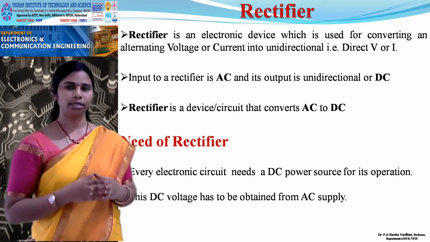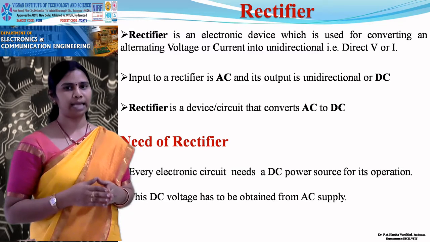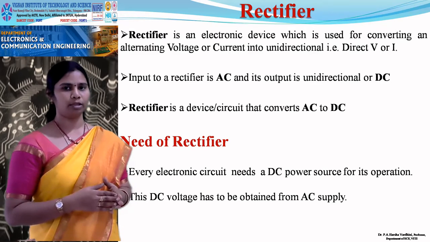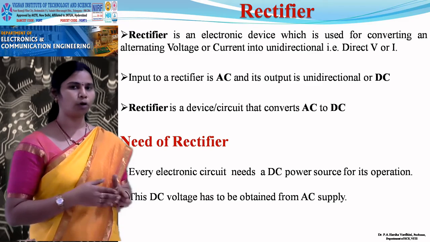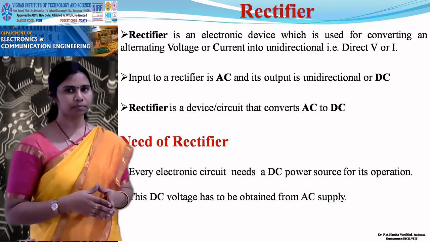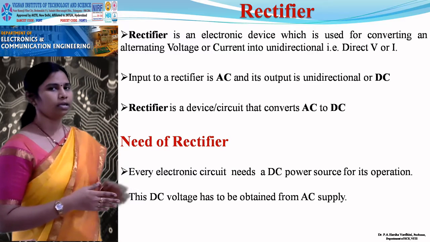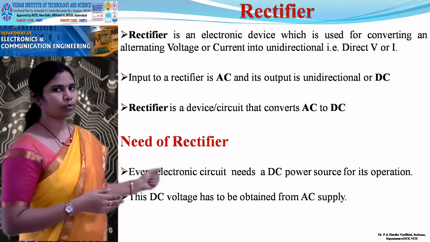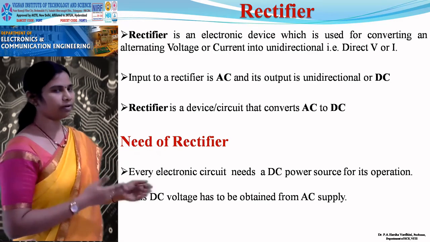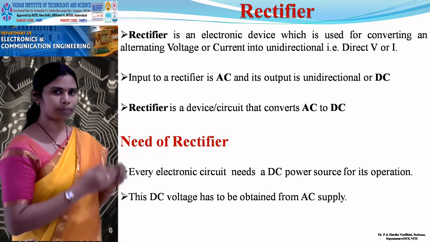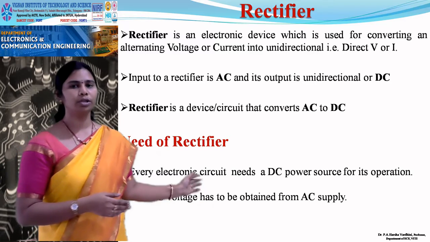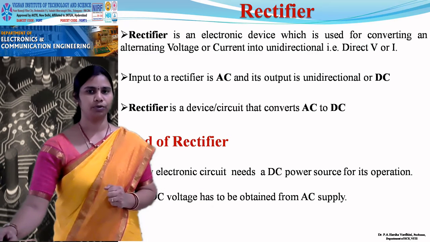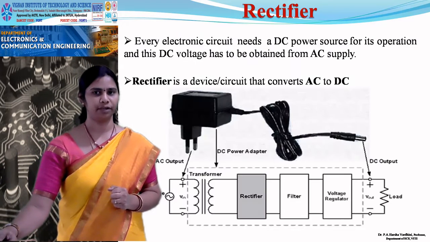Alternating quantities will have different values with respect to time, and you will have both positive and negative values. Whenever you want to get DC voltages from the applied AC mains, you can use this type of circuit, which is termed a rectifier.